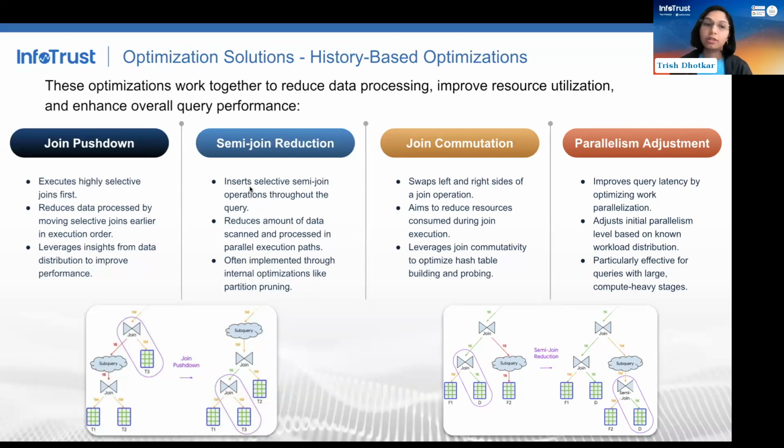There's also semi-join reduction, so it will insert semi-join operations in between, and it will try to reduce the amount of data that's being processed. In this particular chart, you can see that same, where it's trying to add its own semi-join so that you have 2 different tables here instead of 1, and it will try to reduce the amount of data. Also, swapping the left side and the right side of a join operation sometimes works wonders. So it will try to do that and see if it reduces the resources consumed in any way.